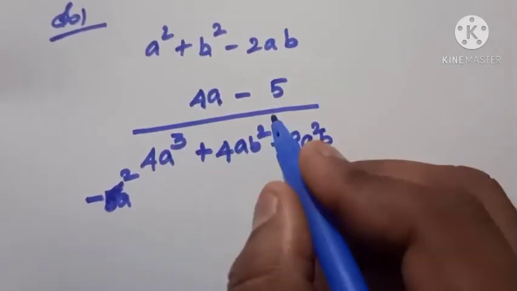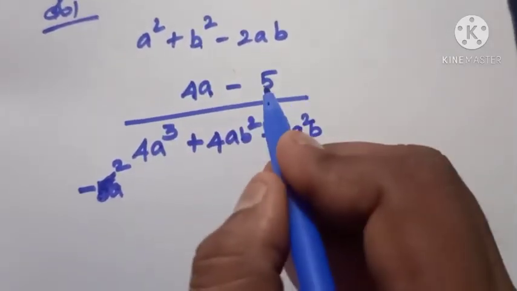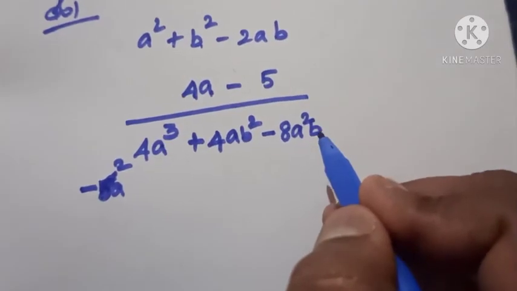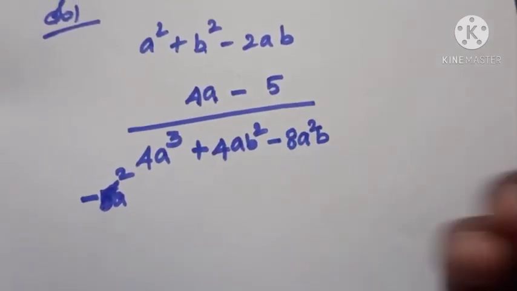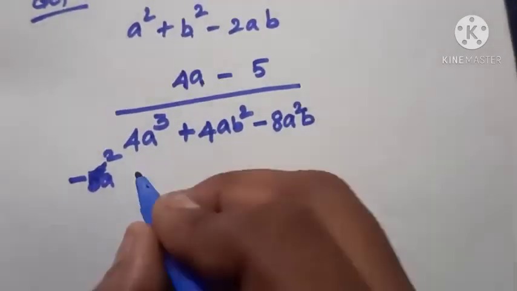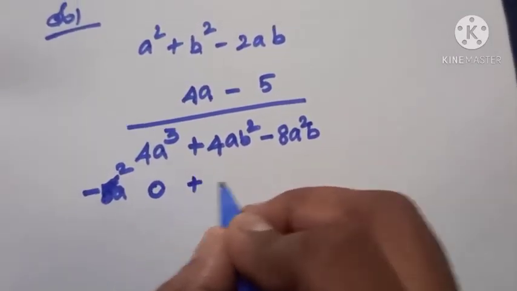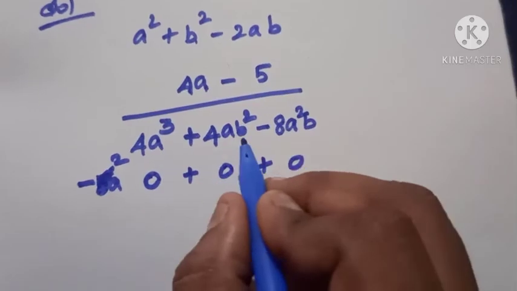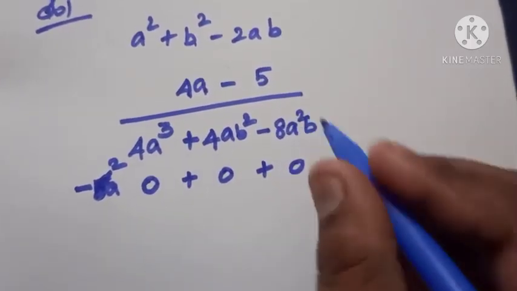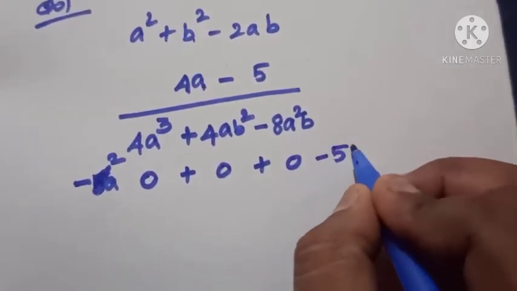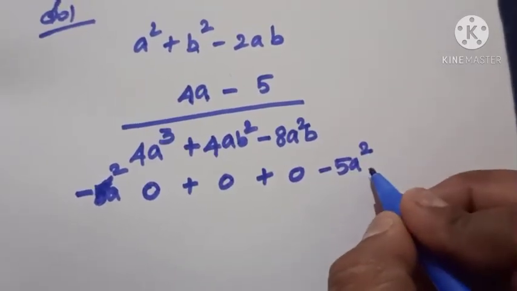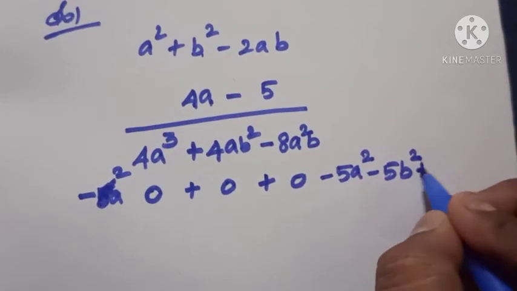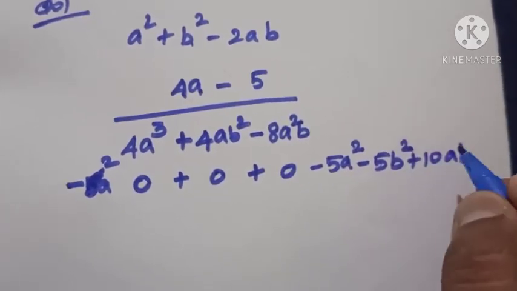There is no a cube. If we multiply with 5 we get a square. There is no a square term separately, b square term separately and ab separately. So there is no term to compare with this a cube, ab square and a square b. So we get minus 5 a square minus 5 b square plus 10 ab separately.